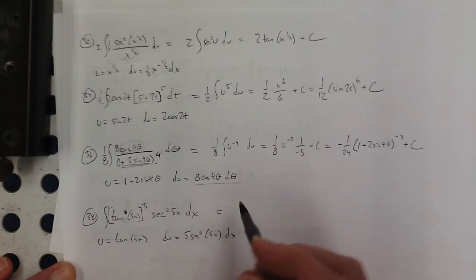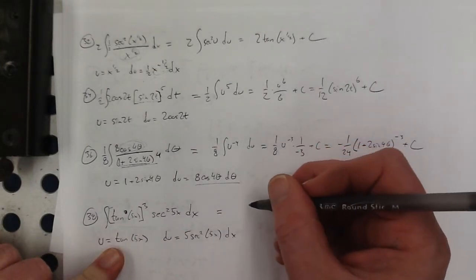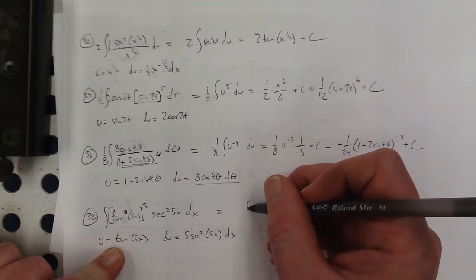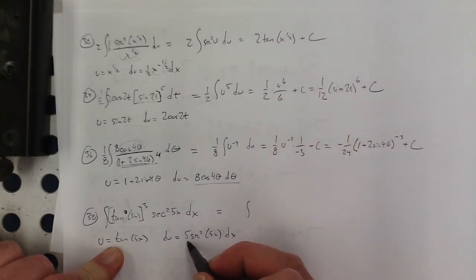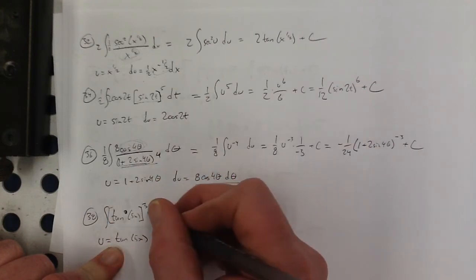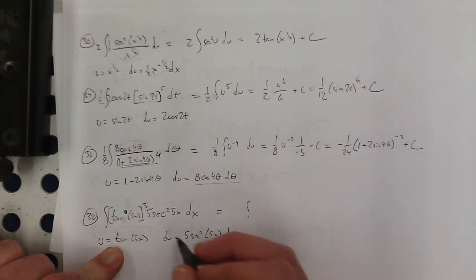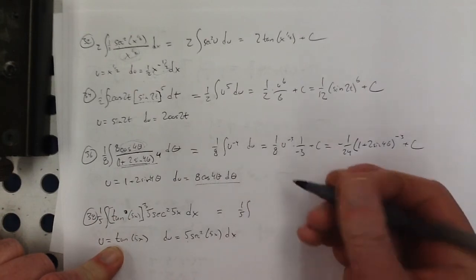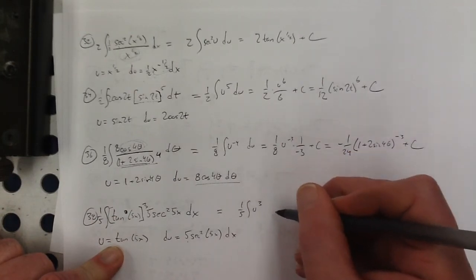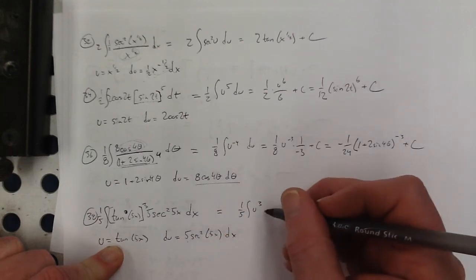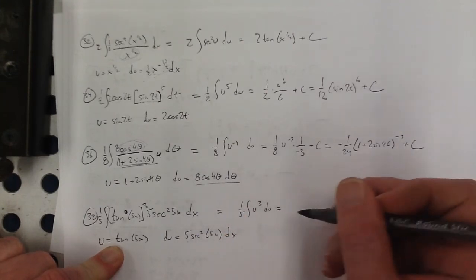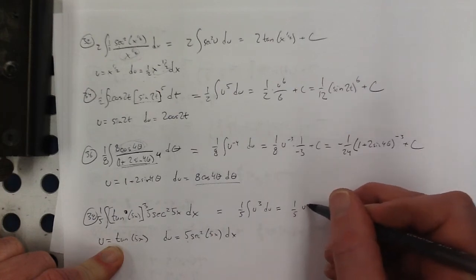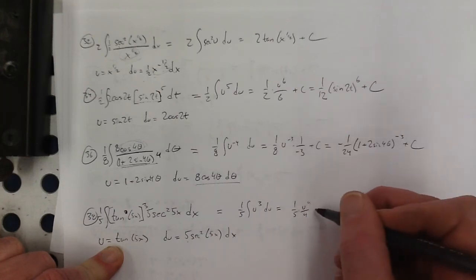Let's see. So this turns into, I need a 5 here. Put that there. So I need a 1/5 on the outside. U cubed, add 1 to the exponent, divide by the new exponent.